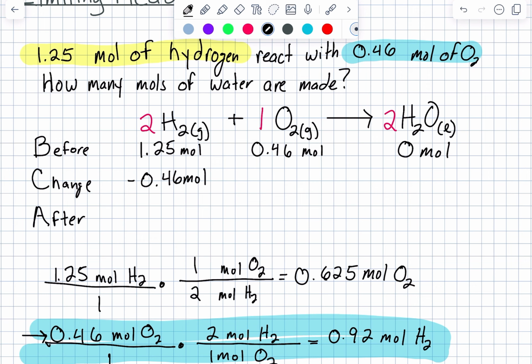Would help if I could read, wouldn't it?